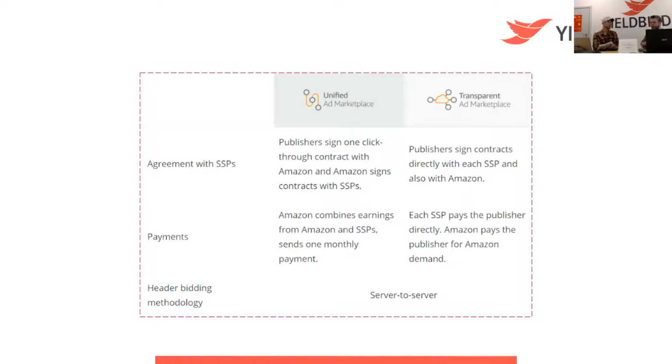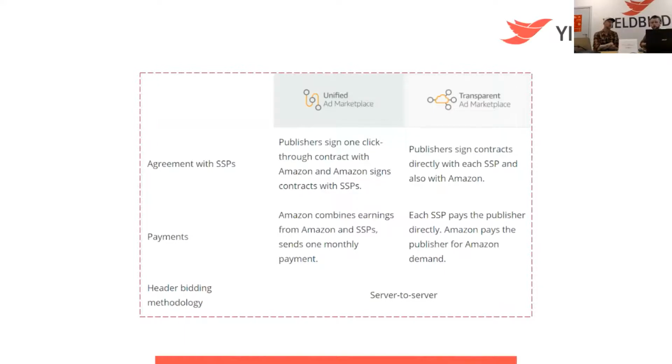And like open bidding, UAM can also work alongside the usual Prebid, right? It is next to it. So you can use TAM and integrate it. So guys, it's not out of the box, but it's possible.